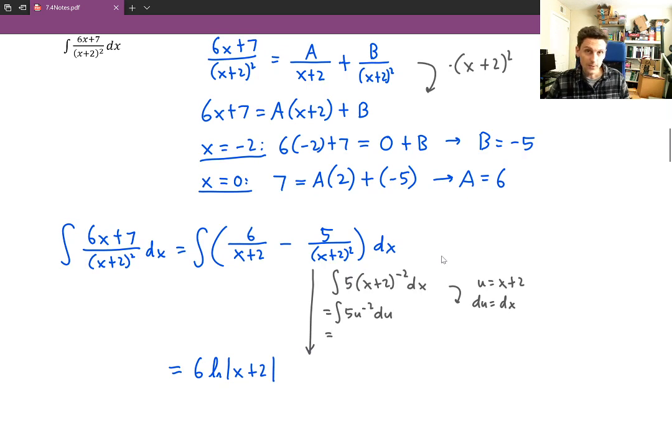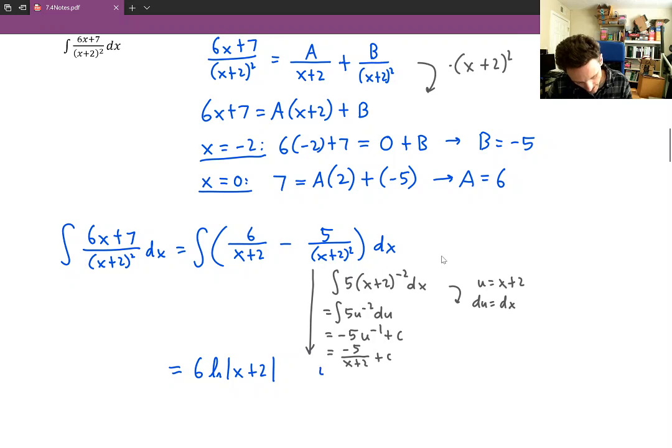So then when we integrate, we can just add 1 to the exponent and divide by that new exponent. And you end up getting a -1 for the new exponent. So when you divide by -1, you get -5. So 5 divided by -1 is -5. u to the -1, I'll put a little plus c here, but this is just some side scratch work. And so then we end up getting -5 over x plus 2 plus c.